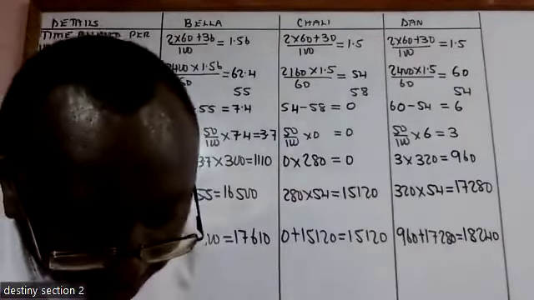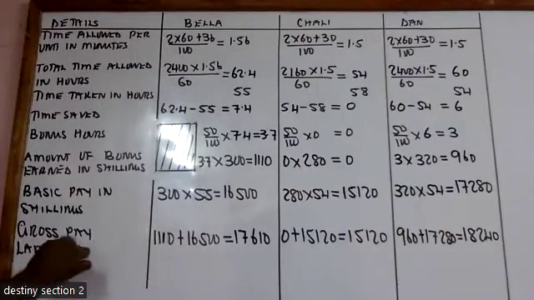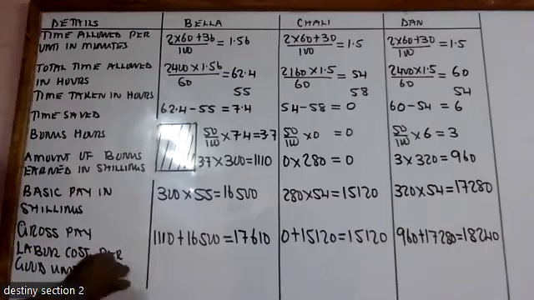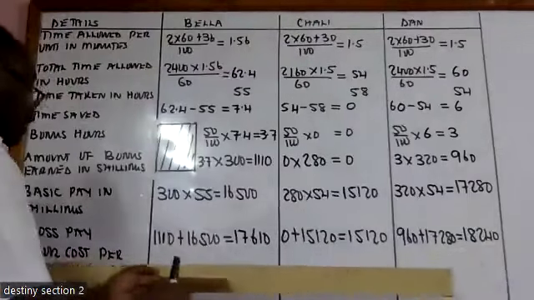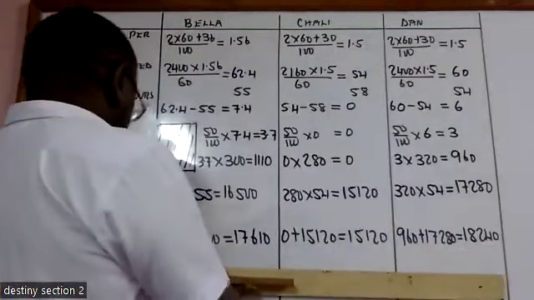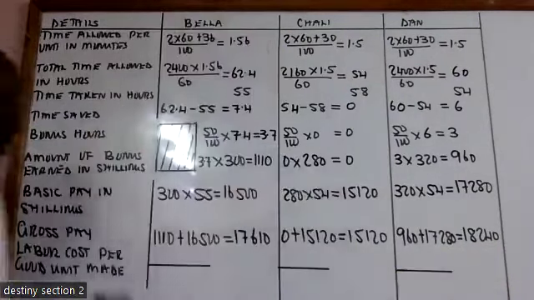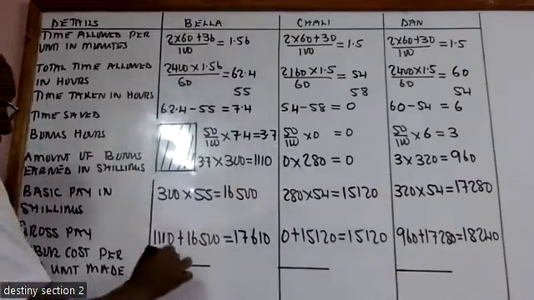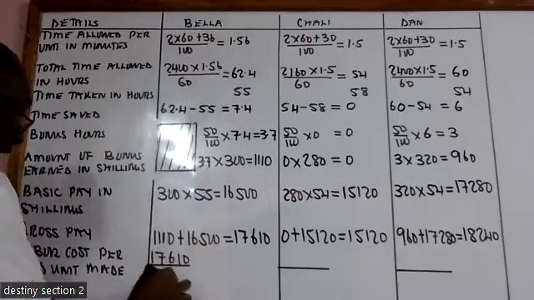So the question was labor cost per good unit made. So in this one, takuwa unachukua hii 17,610. The good units ni hizi tulikuwa tumesema hapa 2400.